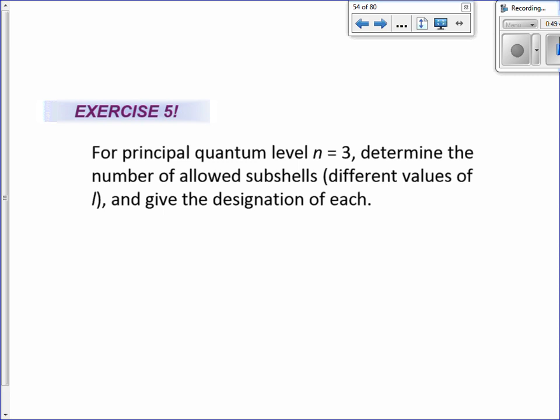What are my possible places I can put things? I can put it in an s, true. For principal energy level n equals 3, we have a 3s. What else do we have? A 3p, good. We do have a 3d, very good.